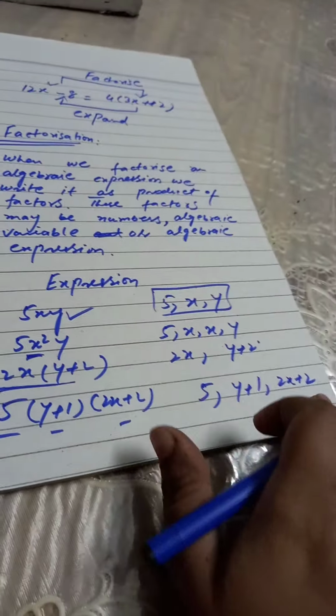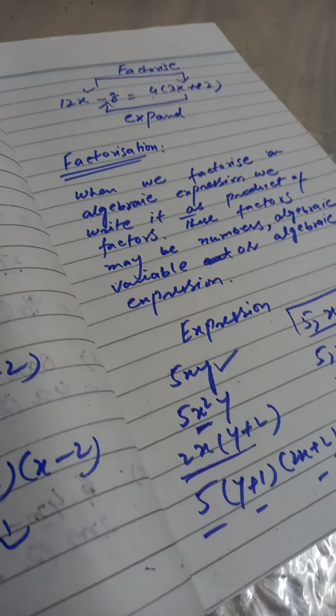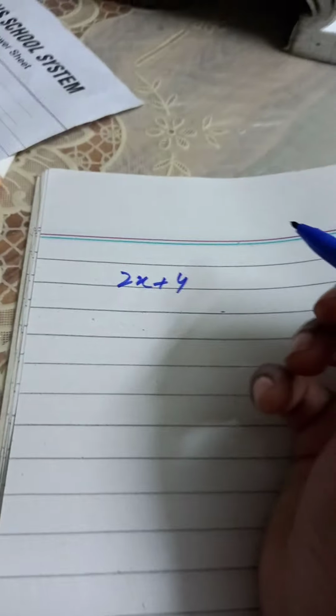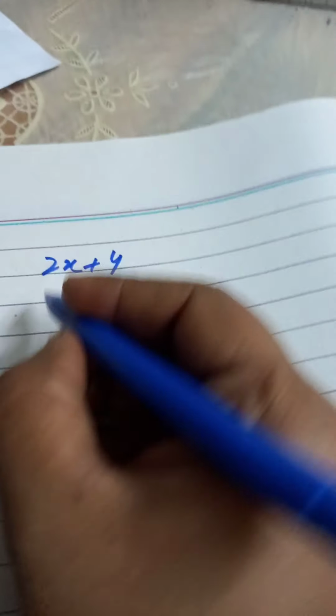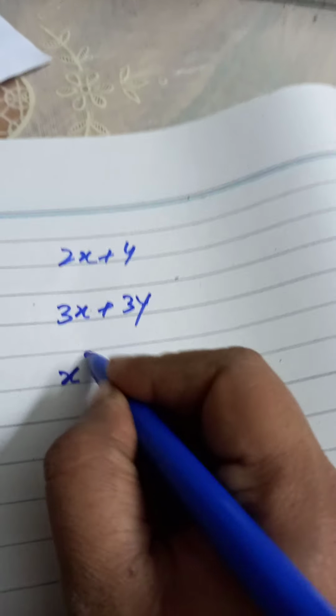In some expressions we must find the factors. How? Look here. In the sum 2x plus 4, we can't take out the factors by inspection. It is also not easy for 3x plus 3y or x square plus 5x.